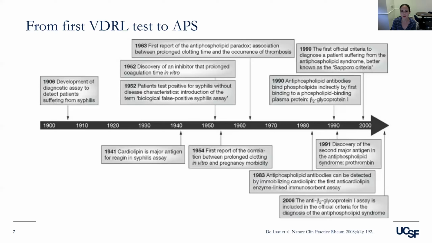Over time, we understood that patients had prolonged clotting times and the occurrence of thrombosis. And then subsequently, the antiphospholipid syndrome was described with other antigens such as prothrombin and then anti-beta 2 glycoprotein recognized later on in the 90s and 2000s.